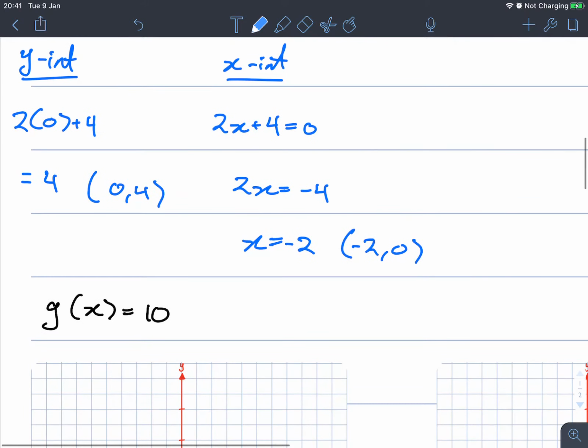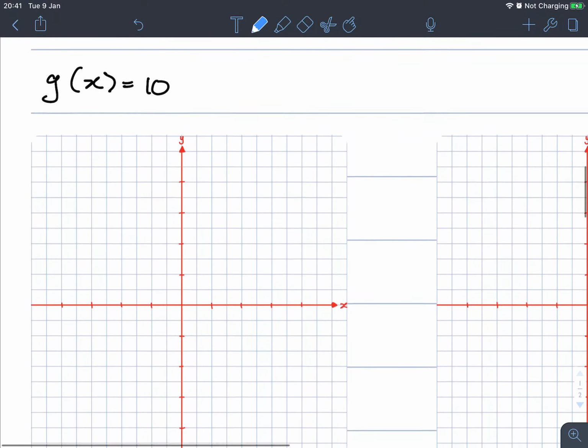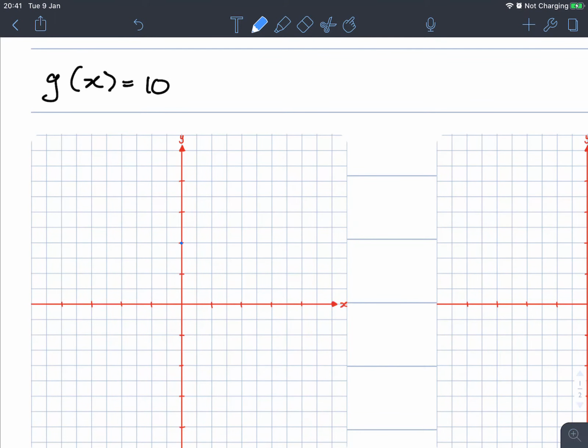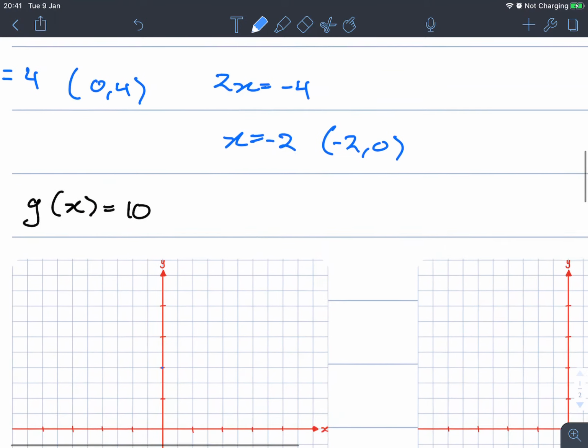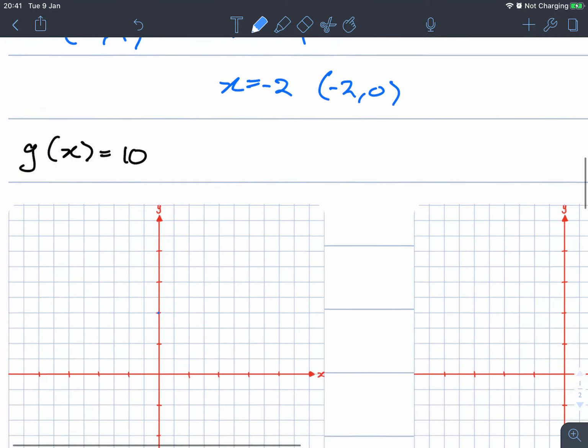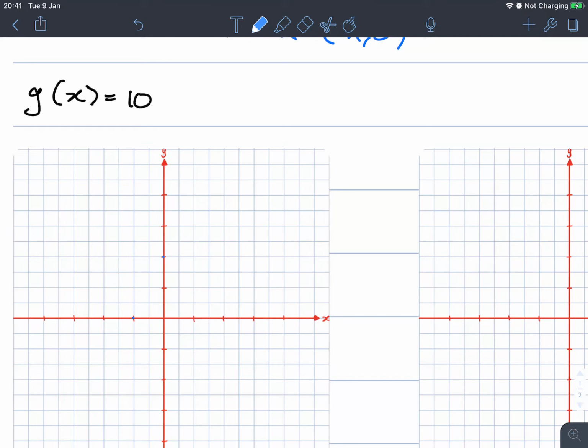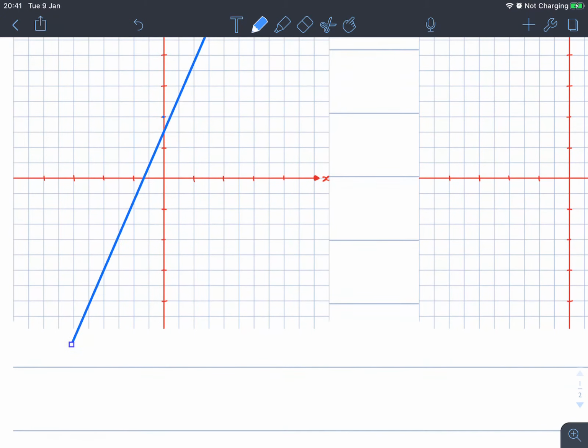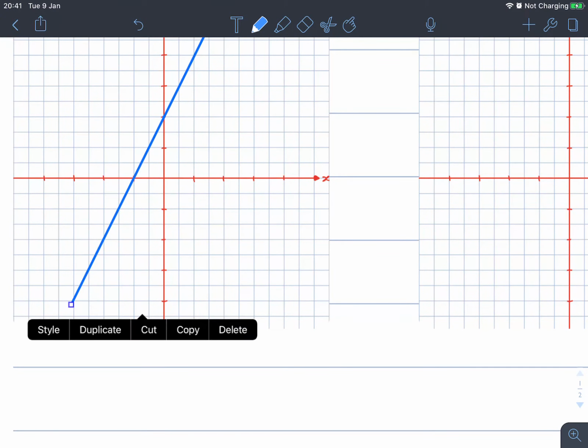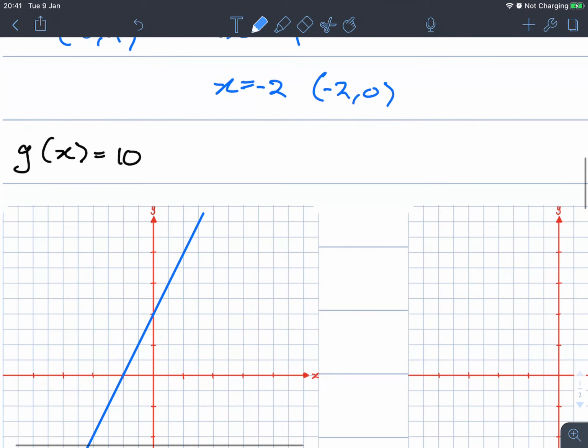So my y-intercept is at (0, 4). I'm going to let that point be here, and my x-intercept is at negative 2. That is my function f of x.